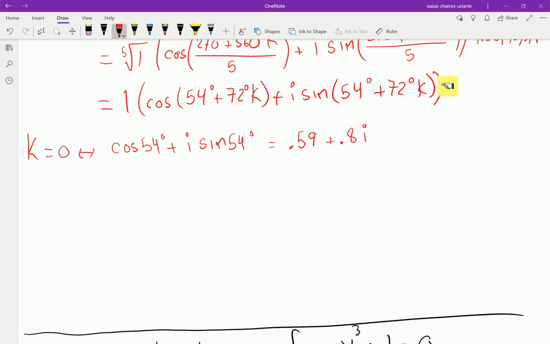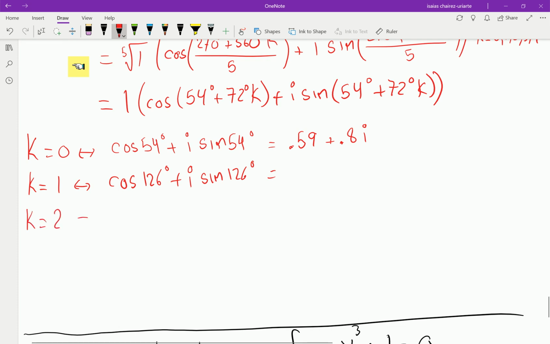I don't care for the rectangular form right now. I just need to find the roots, and I'll leave them in polar form. If k is equal to 1, then I have 54 plus 72, and that's 126. So cosine 126 plus i sine 126. Whatever the rectangular form is, you can figure it out using your calculator.